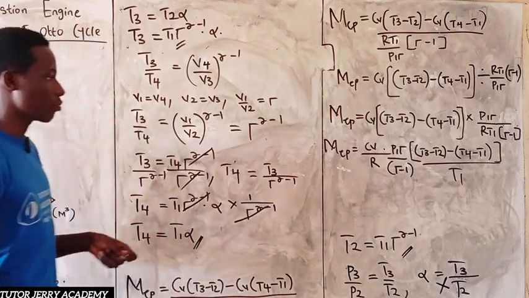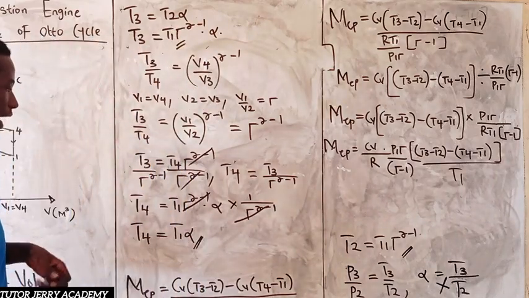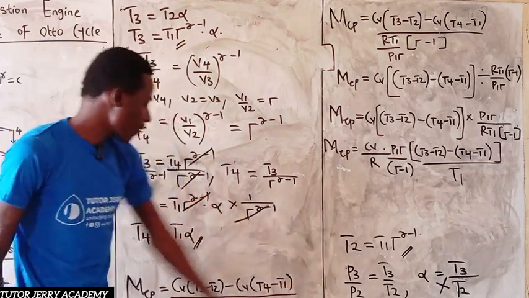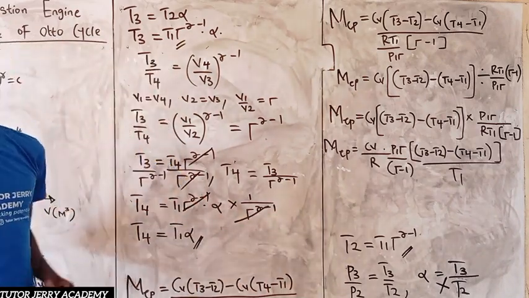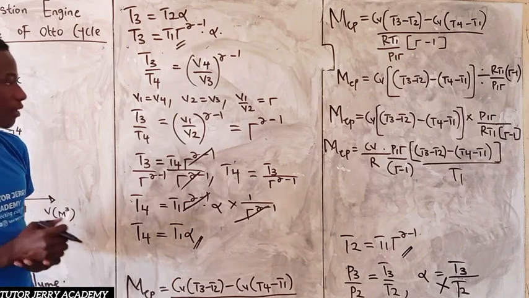So this is what I have. So from this point, I can substitute my value for T2, my value for T4, and my value for T3. So let's do that right away.